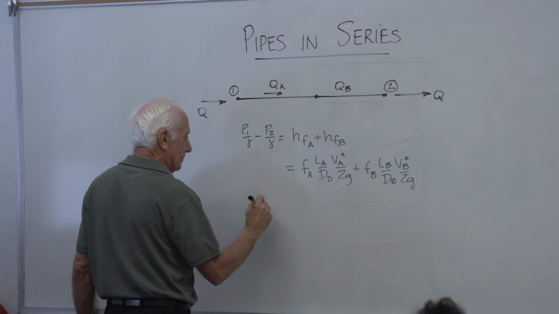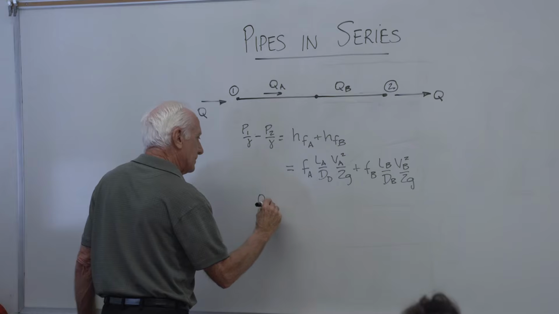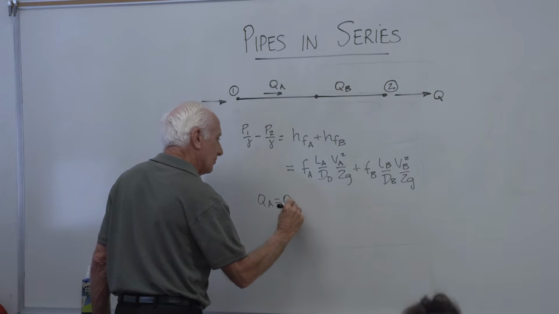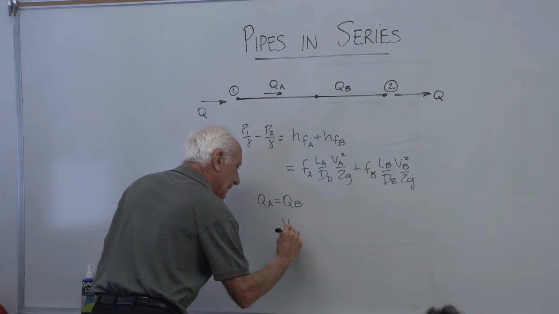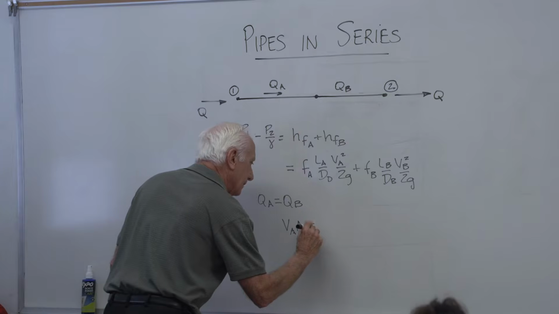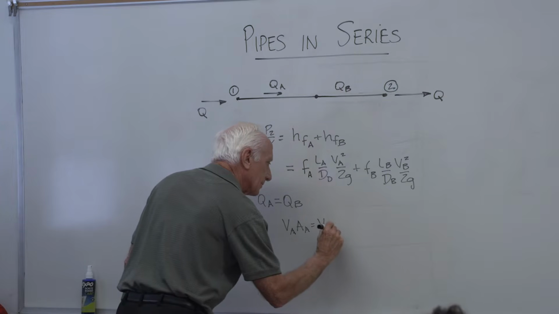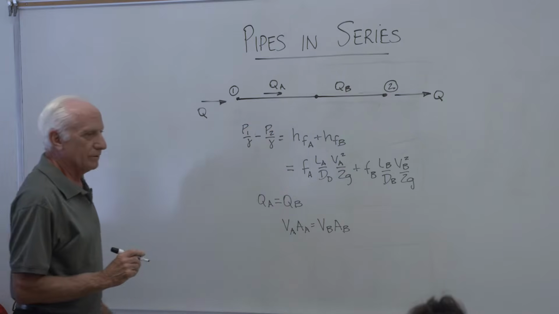We also have conservation of mass, steady state. The flow rate that goes through A must equal the flow rate that goes through B, which is VA times the cross-sectional area of A equal to VB times the cross-sectional area of pipe B. So we have 2 equations.